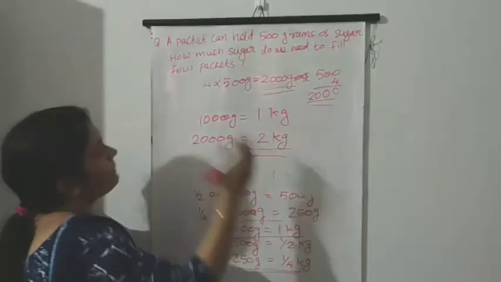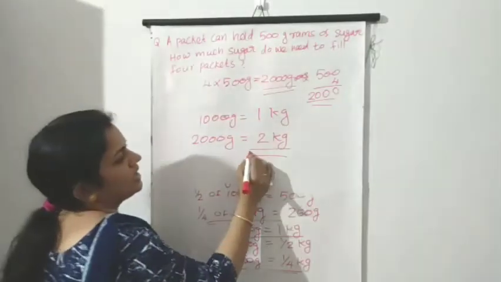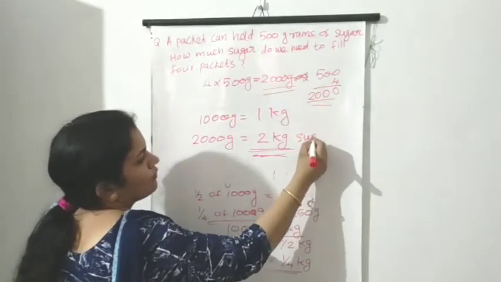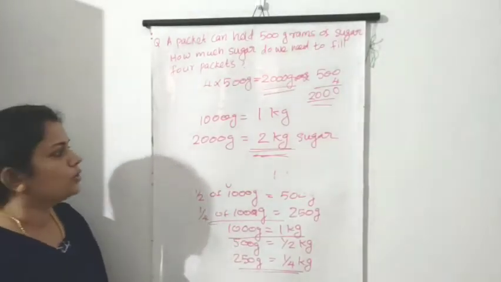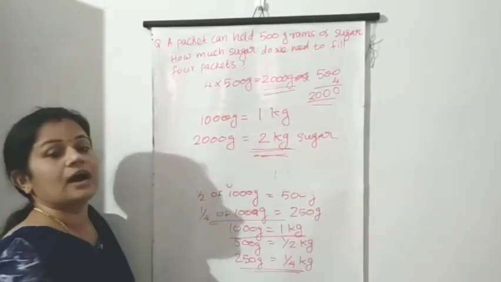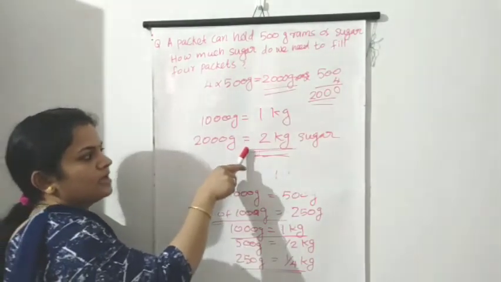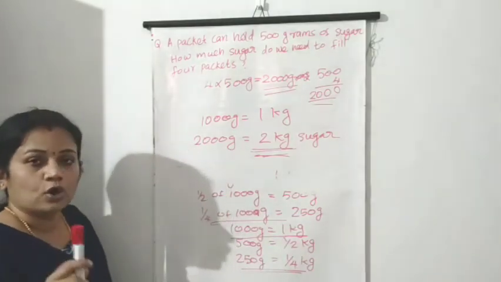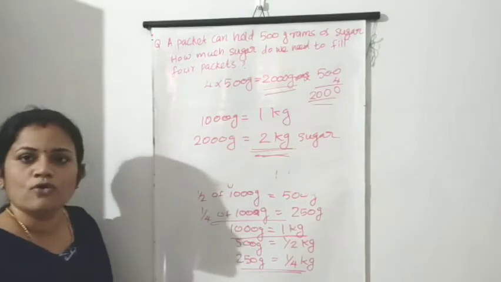So to fill 4 packets we need 2 kilogram of sugar. Do you understand how to get the 2 kilogram? We already studied 1000 gram equal to 1 kilogram, so we can convert 2000 gram equal to 2 kilogram. So to fill 4 packets we need 2 kilogram of sugar.